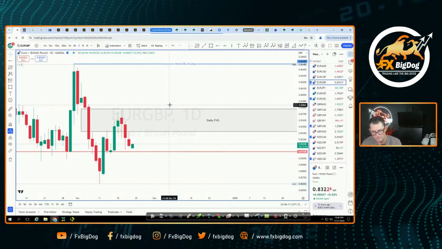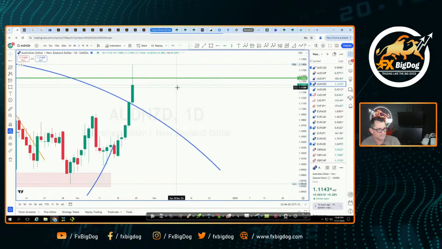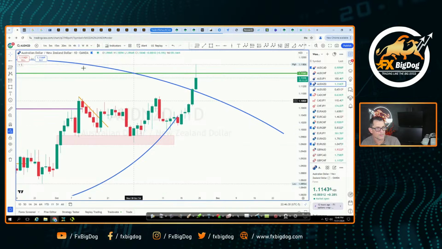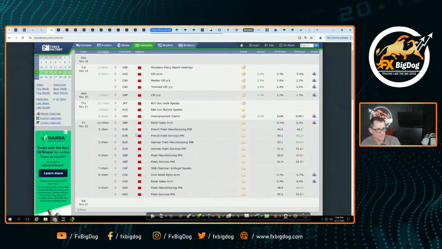So euro pound, expecting euro pound to start working its way up towards this liquidity level right here. I want to go to the Aussie New Zealand dollar for a minute. Take a look right here. Do we have some news, by the way? Let's go and take a look over here in the news.